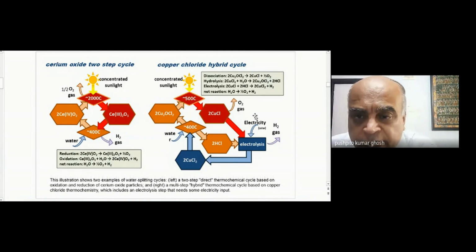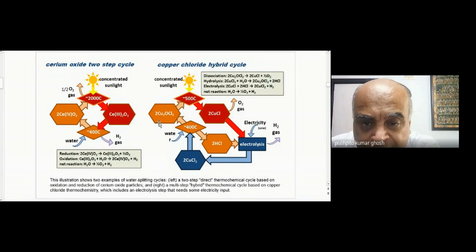Now what they're doing is interesting in a way. In this particular reaction, when they got this oxygen, they are doing an electrolysis of this CuCl.